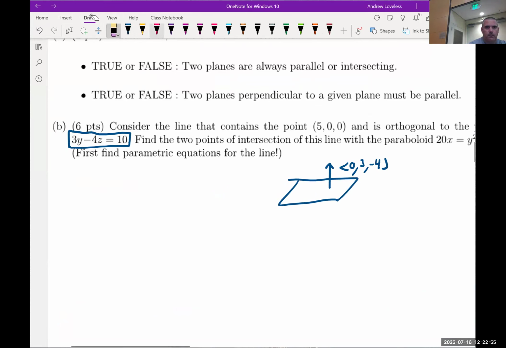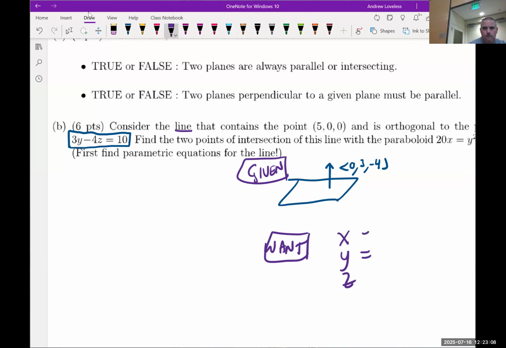We're trying to find a line. So what we want is a point and a direction vector. And they gave me the point 5, 0, 0.